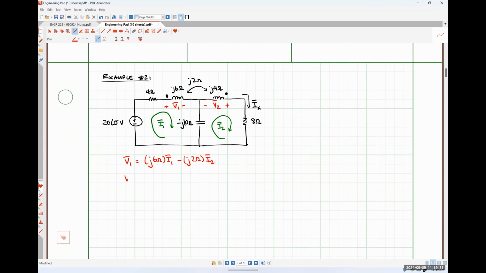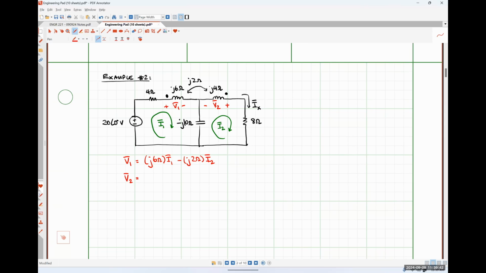So now let's look at V2. Henley, could you tell me what, actually, no, I'm just going to put it up to volunteers. Henley, you're welcome to volunteer if you want to. What should my self-induced term for V2 look like? Negative J4 I2.